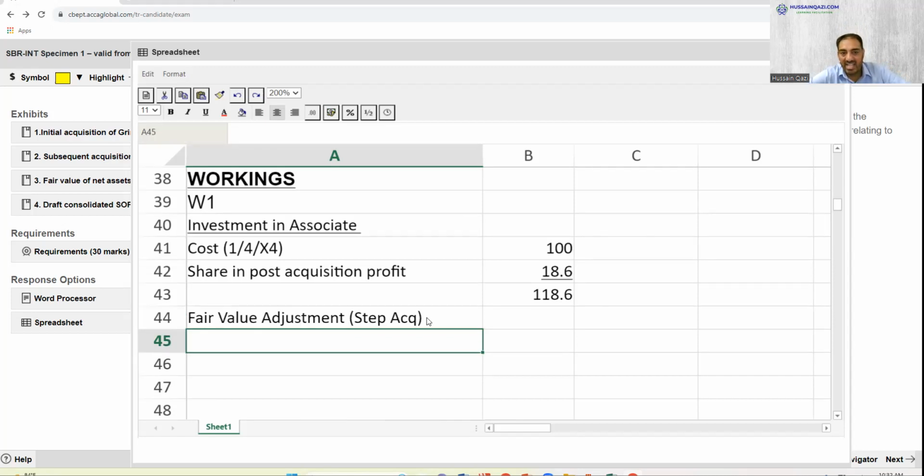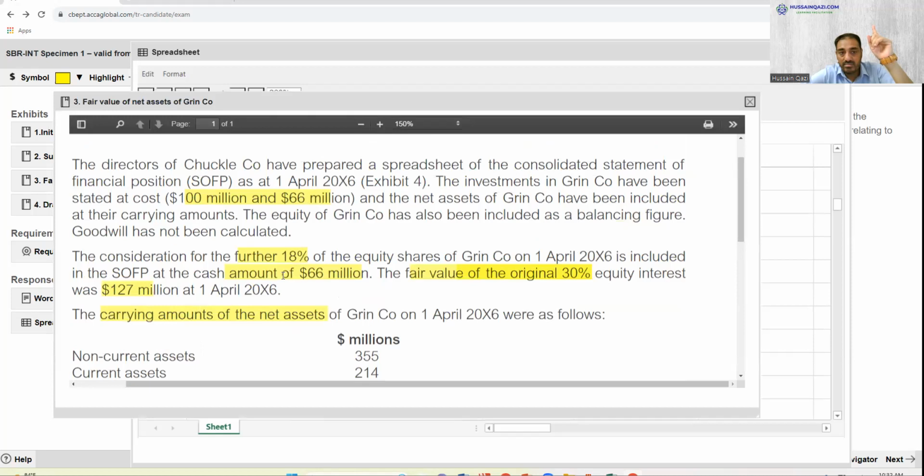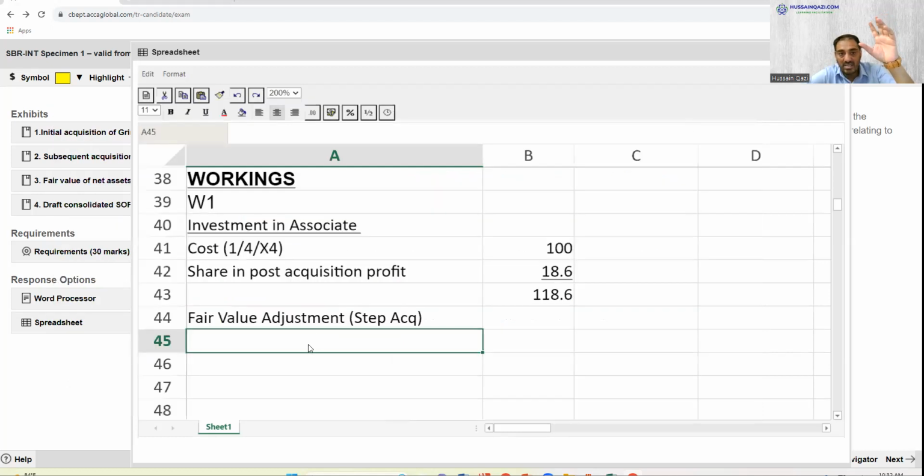So that is about the original investment. The fair value of original investment of 30%, 127. But actually, in the consolidated balance sheet, it reflects only 100.